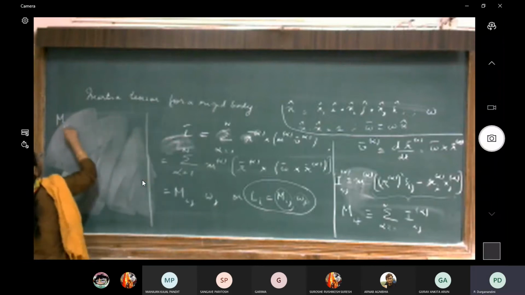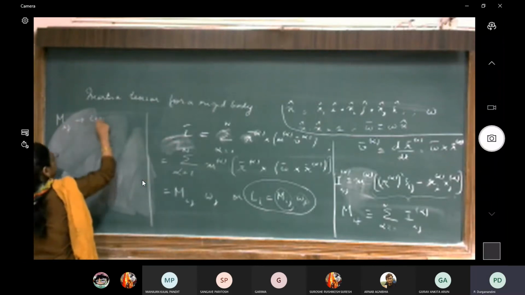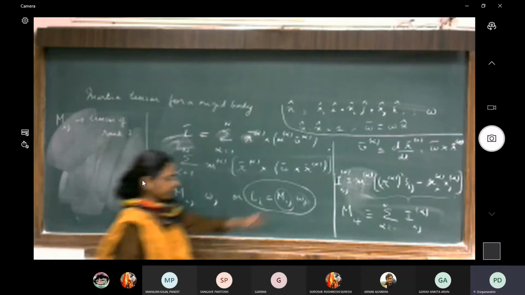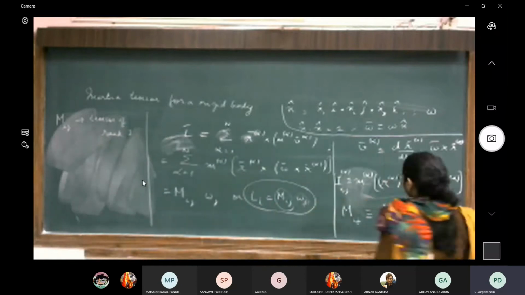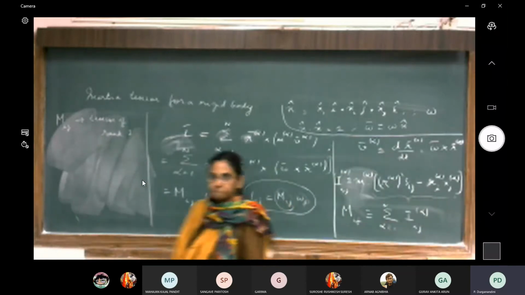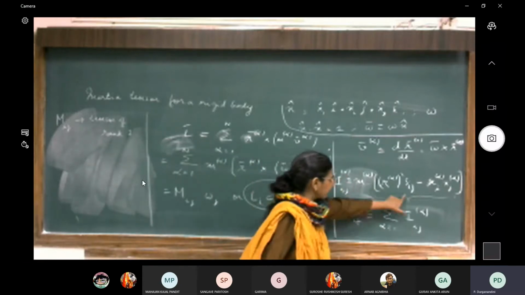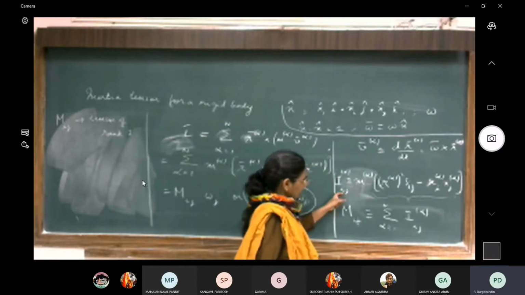So your Mij is a tensor of rank 2, which is from the definition here. What is Mji? Or let's go back here. If for the alpha particle I define this like this, what is Iji?